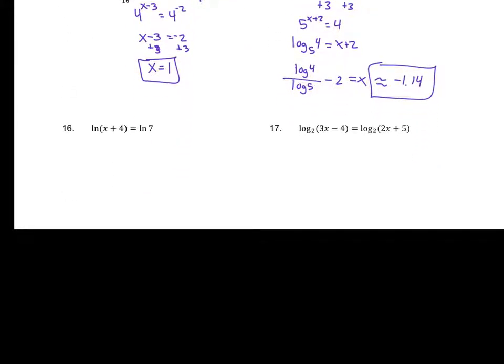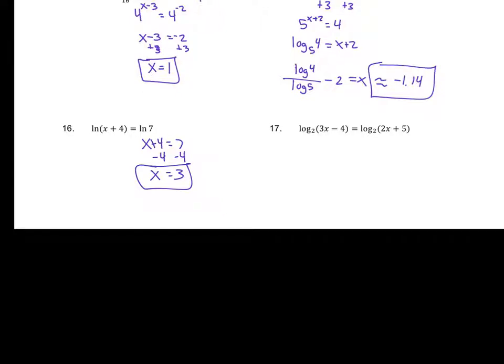Number 16, when both sides have log with the same base, then you can set the values equal. Since both are natural log, we can say that x plus 4 equals 7. Subtract 4 and we get x equals 3.